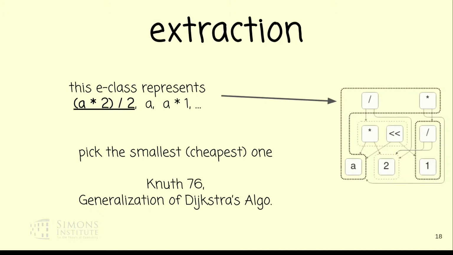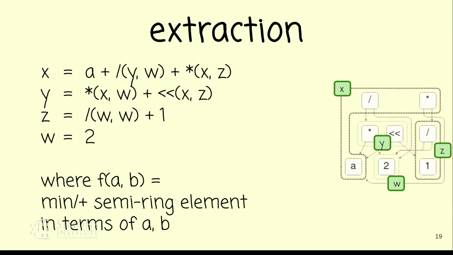And, Al, I apologize, here's where the S word comes in. One thing that we've discussed during this workshop is that for any particular E-graph, you can view it as inducing a set of polynomial equations. And if you just solve this in the min-plus semiring, you actually get the cost of the cheapest term inside each class.